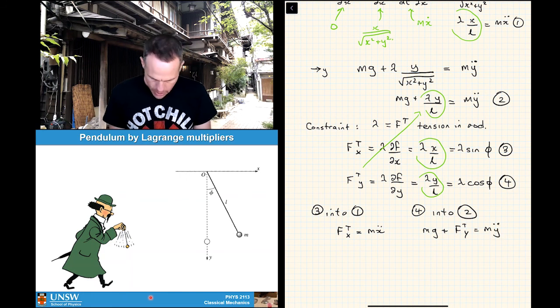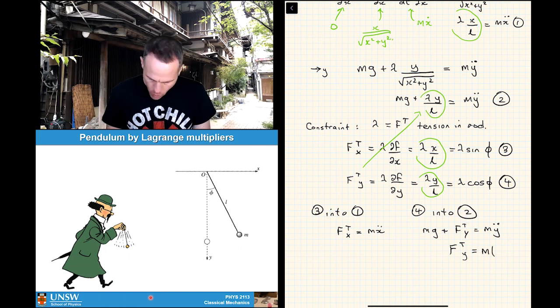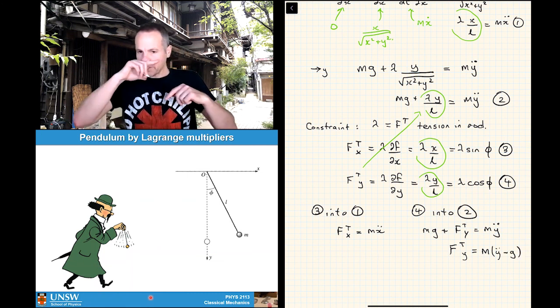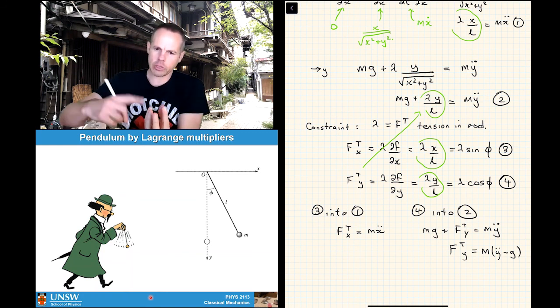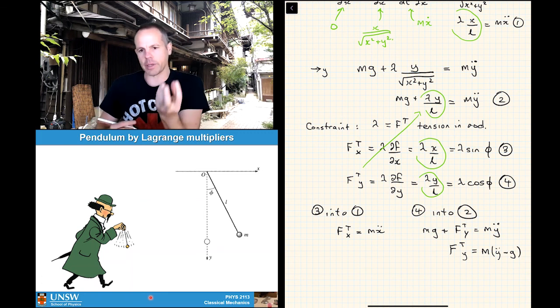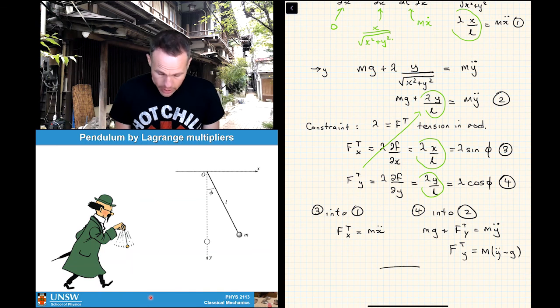And then if we clean this thing up, we know that F_t y is equal to m times y double dot minus g. Okay, and so all we're saying here is that we've got a total, and remember y is pointing downwards, we've got a total force or acceleration down on this rod, and if we subtract the component that comes from gravity, we get the piece that's connected to the tension in the rod. Okay, right, that's all we've done.